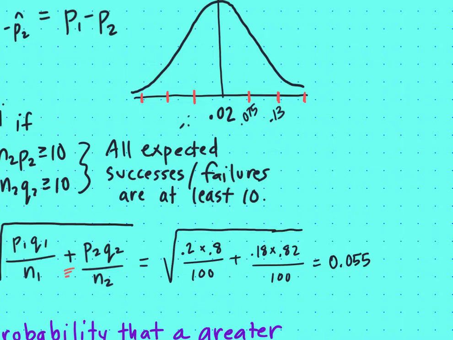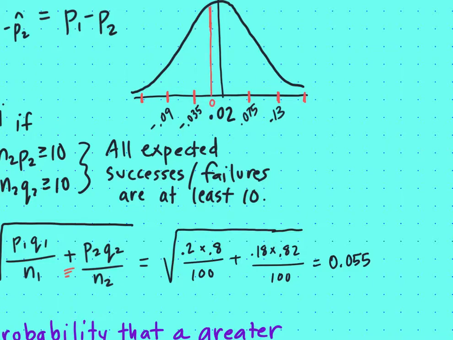Negative 0.035 minus 0.055 is negative 0.09, so about negative 9%. Crossing over 0 in this case is pretty easy to do. We're actually going to cross over 0, which is my next question. That looks like it's somewhere in this area right here.